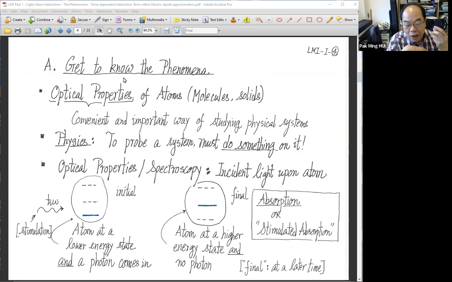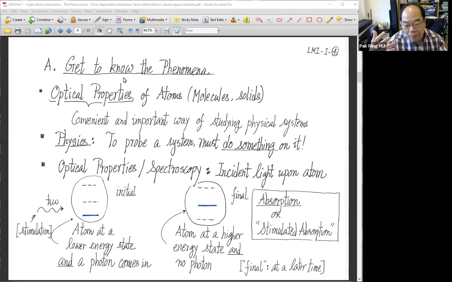A very convenient way to probe a system is to use EM waves, or generally speaking, we will use the term light, although some of this light is not in the visible region. For example, we will use infrared in probing some molecular vibrations. Nonetheless, if you don't probe anything, you don't know anything about it.